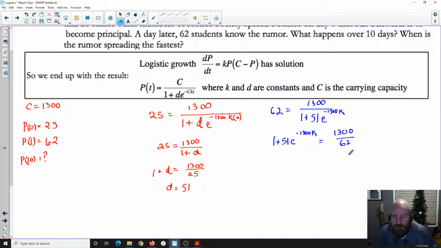Subtract 1, divide by 51. We end up with e to the negative 1,300k equals 1,300 over 62, minus 1, and then we're dividing all of that by 51. I'm just going to leave them as fractions right now.